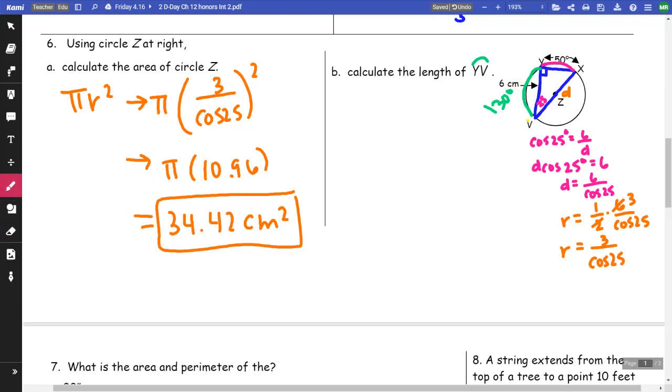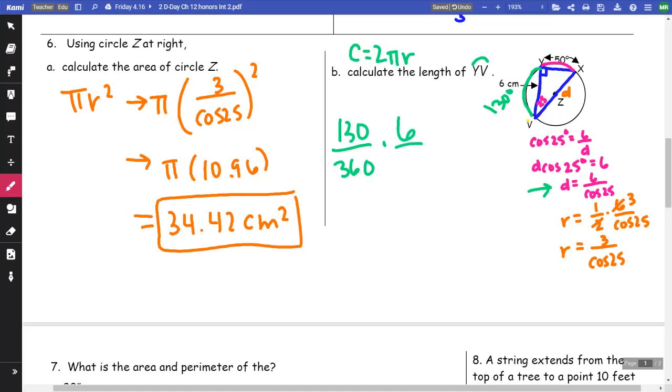So to find arc length, I need to find the circumference. And I'm going to have 130 out of 360 times the circumference. And circumference is equal to 2 pi r, or pi times diameter, and here's my diameter, 6 over cosine 25.